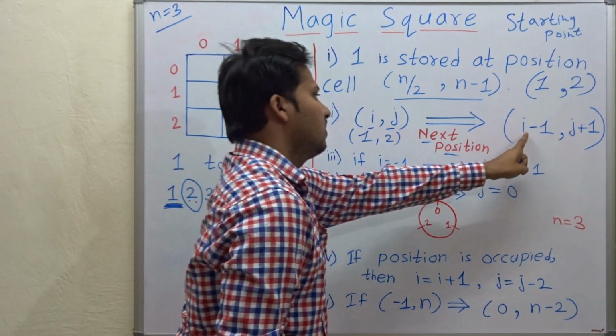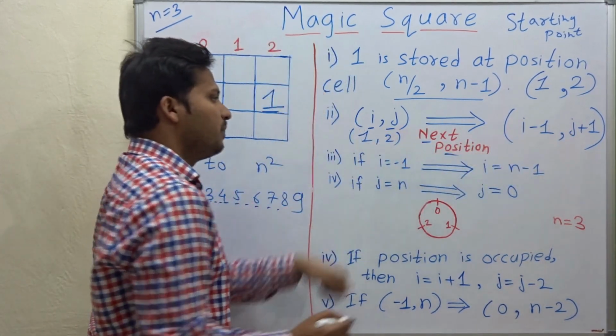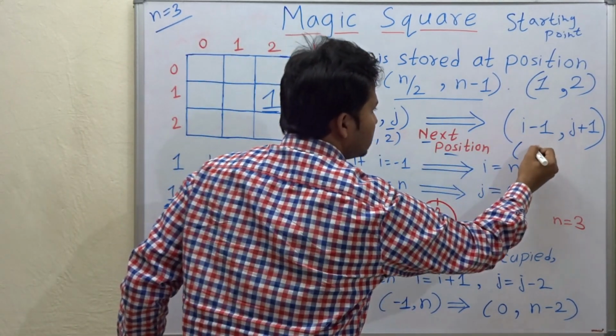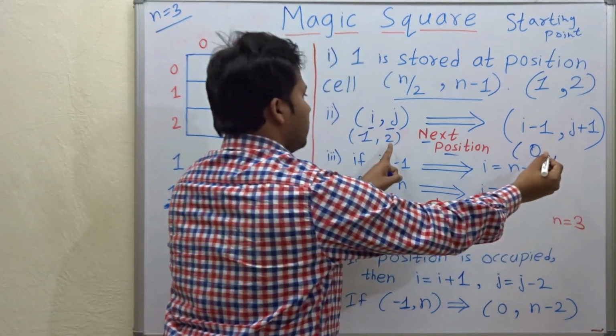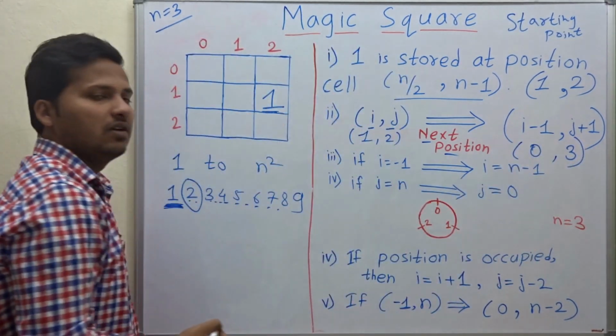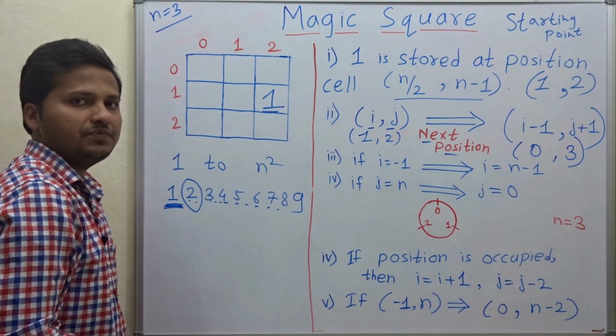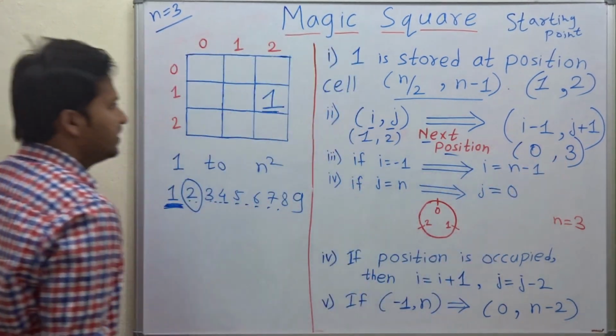Means see, what is i? i is 1 and j is 2. So it will be 1 minus 1 is 0 and j plus 1 is 2 plus 1, means that is 3. Okay. So the next cell is 0 comma 3.